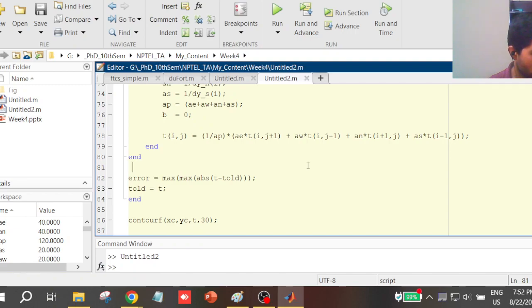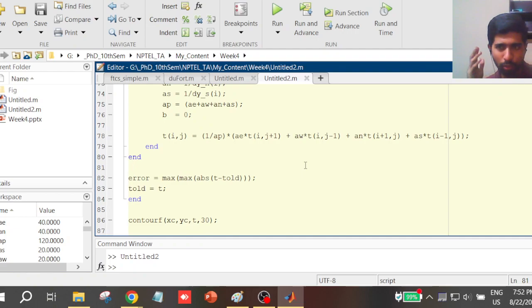You can unmute and speak. I did not get that central approximation leads to unphysical results. I have used central difference only here. It is not leading to unphysical results. It is a physical result only.